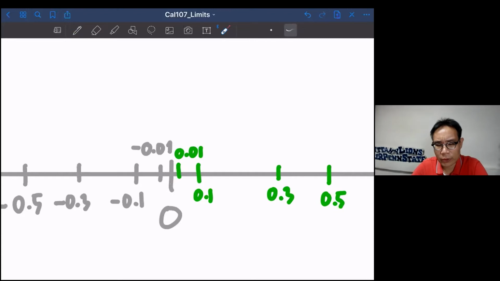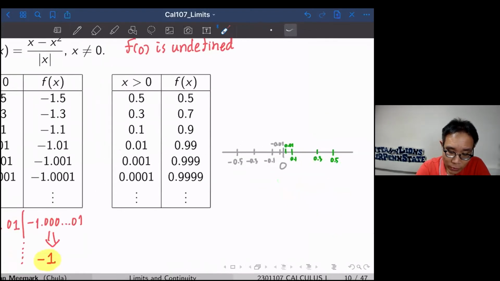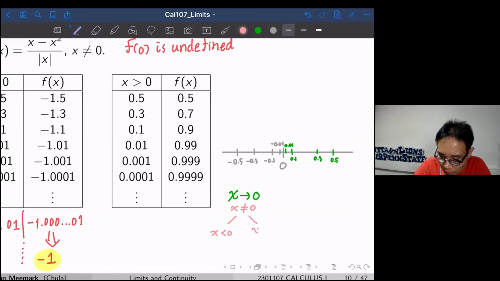Very close to 0. However, it's not going to be equal to 0. In the concept of the limit, when you write x goes to 0 like this, it automatically means that x is not equal to 0. It can mean x less than 0 and x more than 0. However, it's not going to be far from 0.